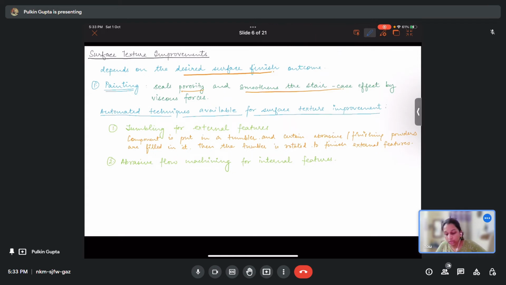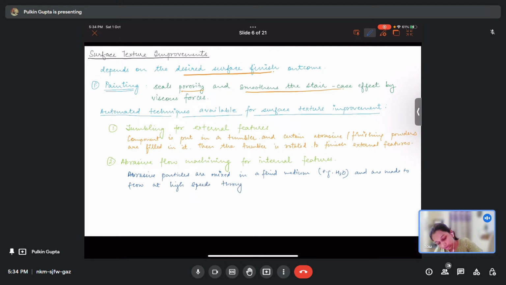In this, abrasive particles are mixed in a fluid medium, usually water, and are made to flow at high speeds through the internal channels and cavities.